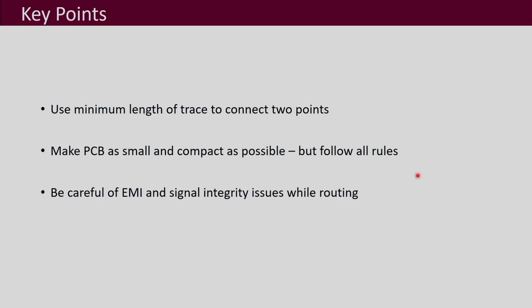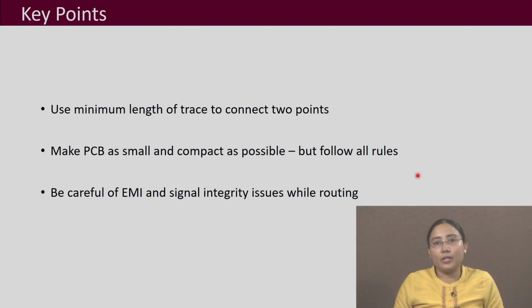So, the key points of this lecture are: use minimum length of the trace to connect between 2 points, and make a PCB as small and compact as possible while following all the rules. You have to use the correct trace width and the correct clearances.